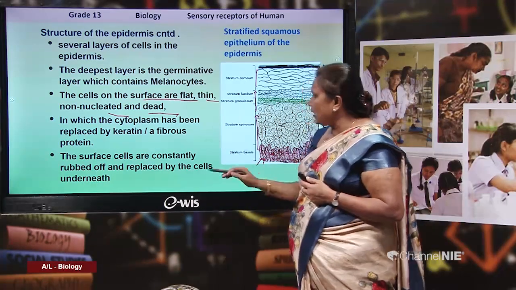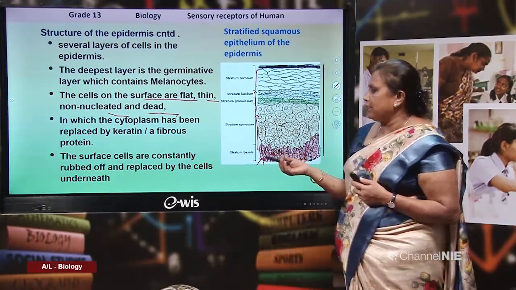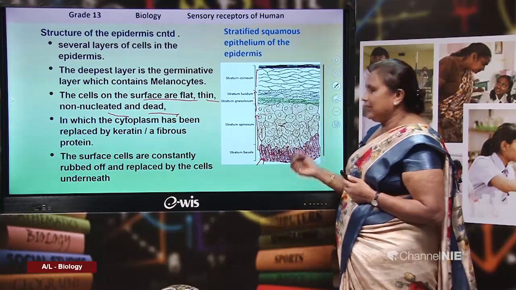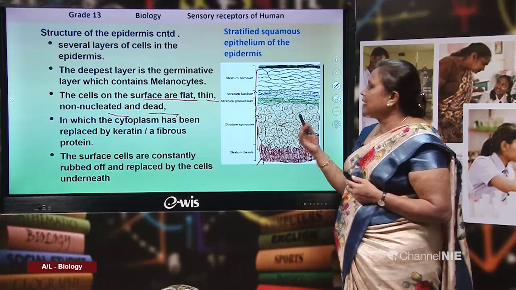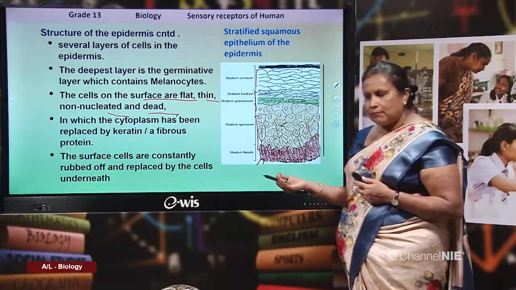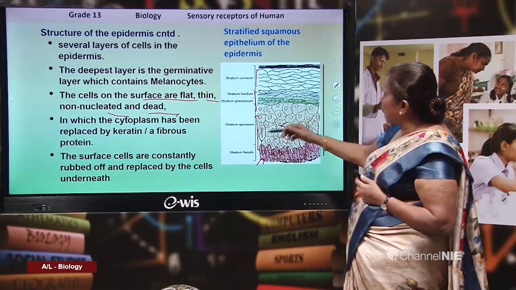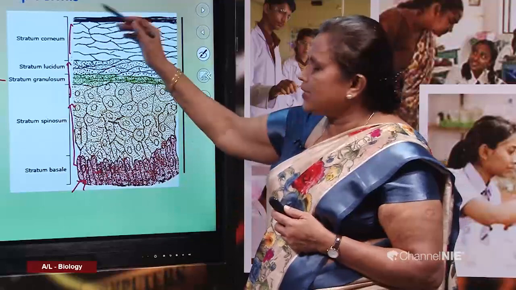In addition, keratin is another important substance secreted by these cells, which is a fibrous protein. When keratin is deposited, the cell becomes dead. That is why the cells gradually become dead towards the surface.